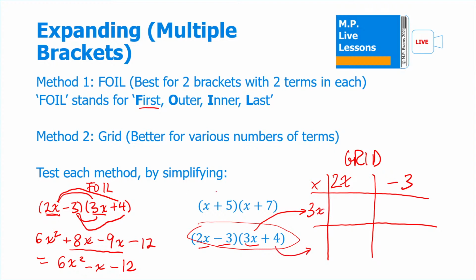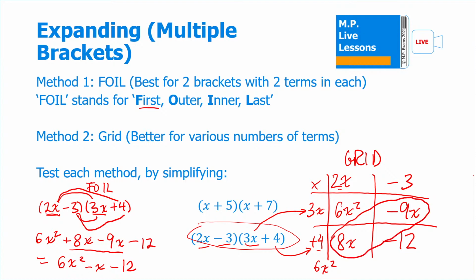This plus 4 just goes here. So what you do is you line up, for example, the 2x and the 4 will multiply together and form 8x, and you put this here. So you almost line up with each, like a coordinate. At the end you get 6x squared. And nicely, these two terms here on the diagonal can be collected, and you get the same answer.